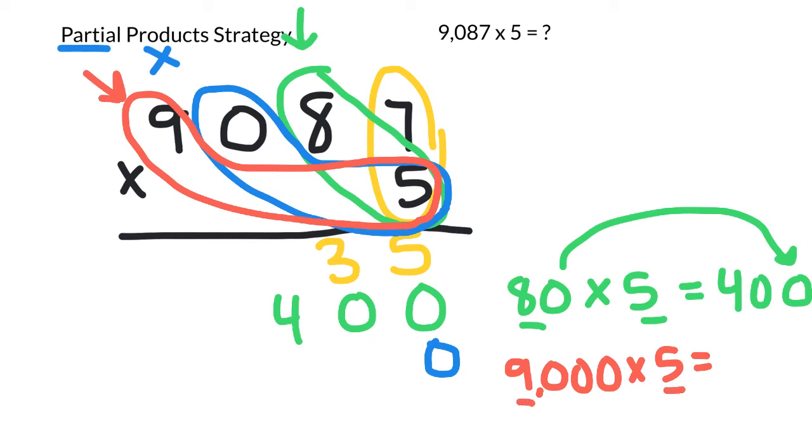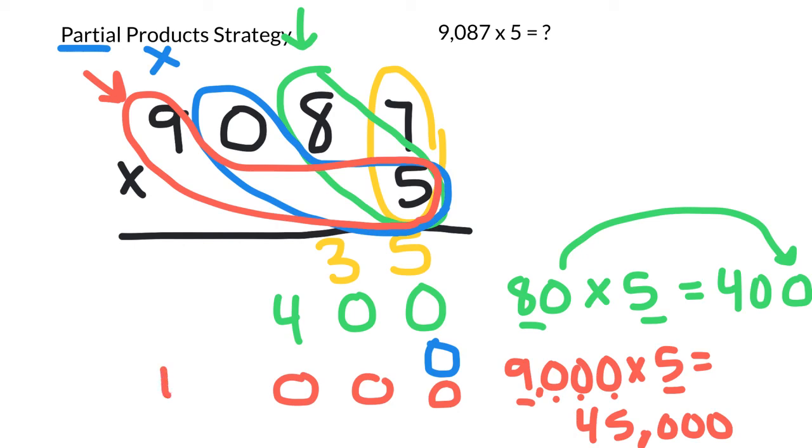I can ask myself, well, what's 9 times 5? 45. And then I can go ahead and take those 3 zeros and put them on the end there. Then I need to very carefully take my 45,000 and put it on the bottom of my algorithm here. So I have 3 zeros in 45,000 and then the 45.